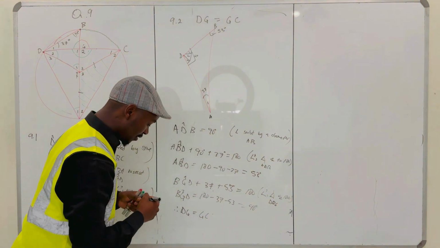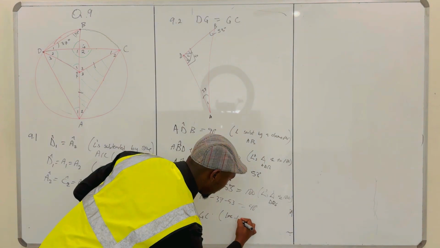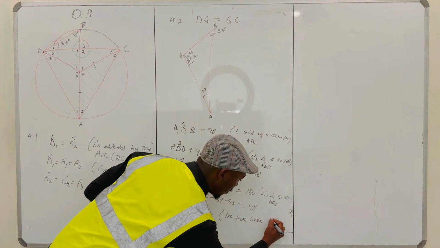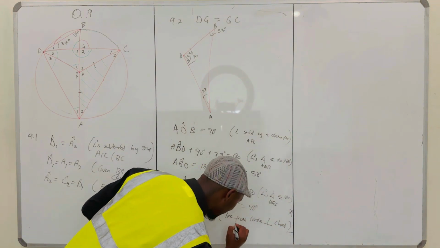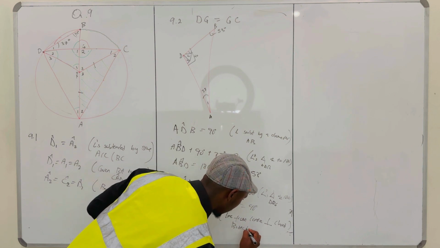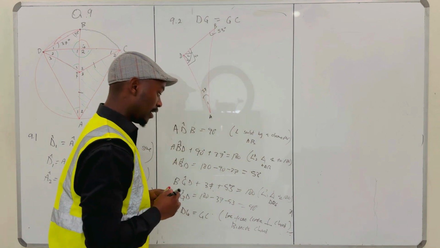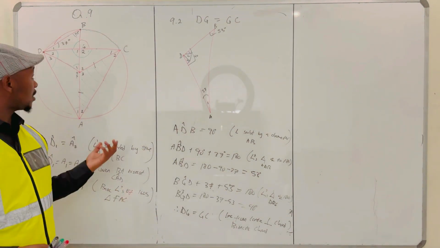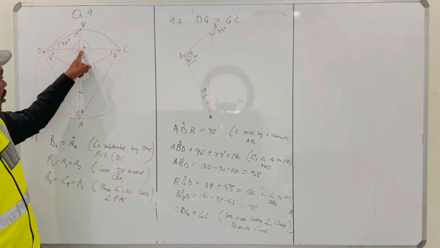The reason is that a line from the center perpendicular to a chord will bisect that chord. But which line are we referring to? The line is line FG.